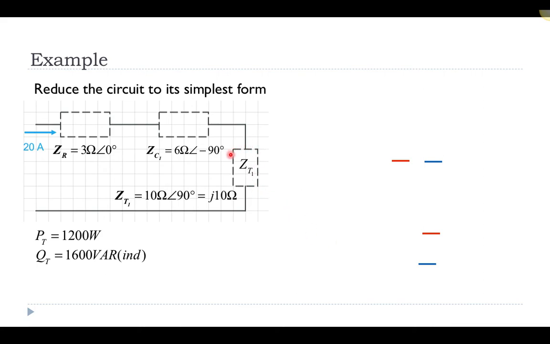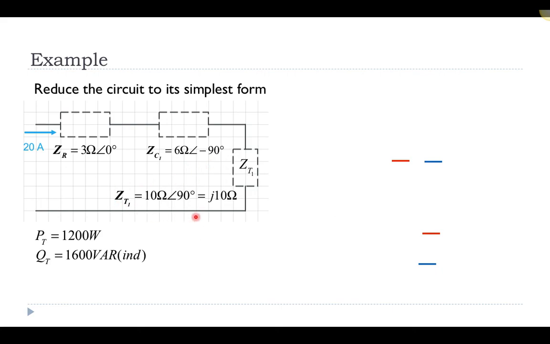Once I have combined those two together, I can look at my circuit again, and I realize that it's equivalent to 3 impedance values connected together in series. Here's my resistor, which I've written in its impedance form. And then here is my first capacitor, which was 6 ohms, and I've written it again as a negative 90.